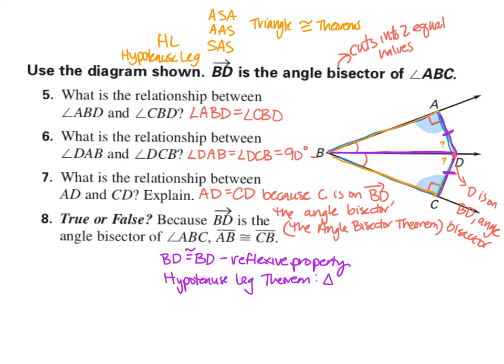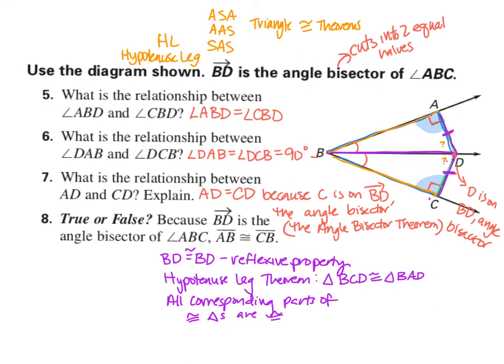So we can say from the hypotenuse leg theorem that triangle BCD is congruent to triangle BAD. And since the two triangles are congruent to each other, all corresponding parts of congruent triangles are congruent.